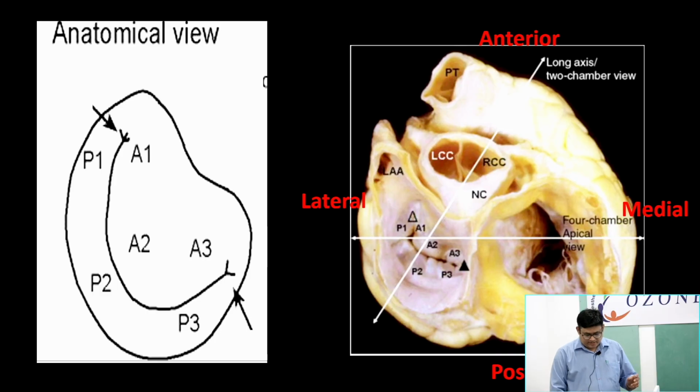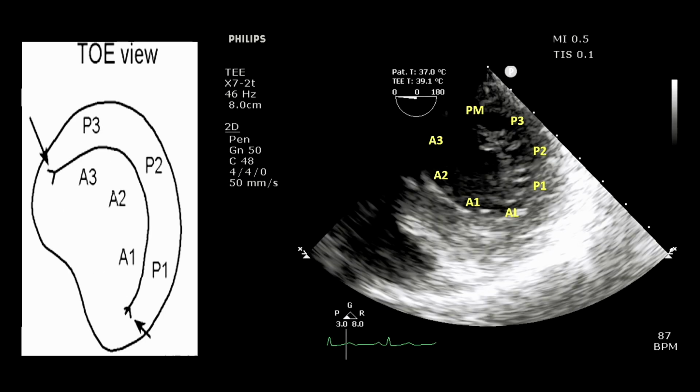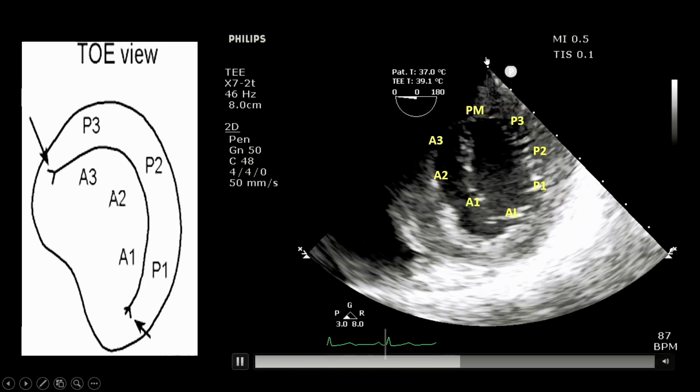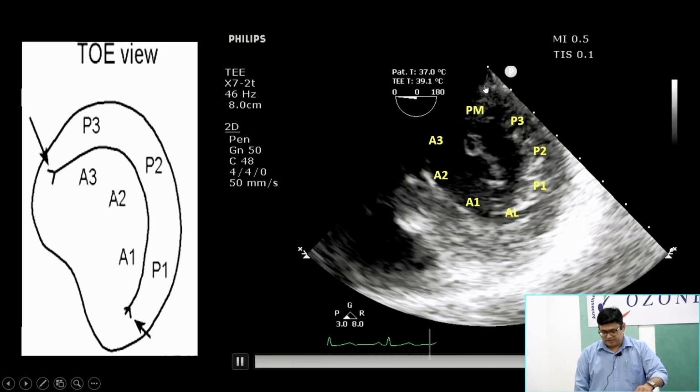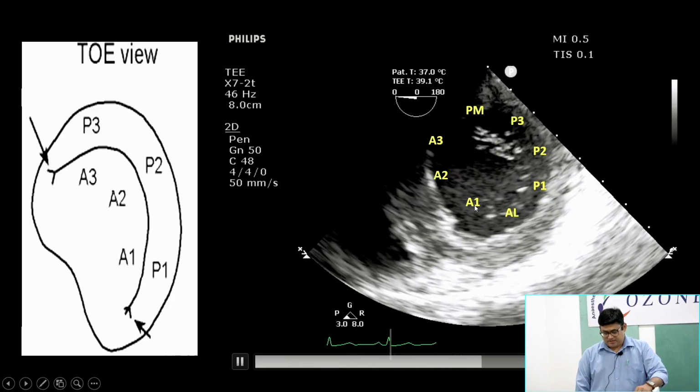So this is how the anatomical view is. This is the anterior, posterior, lateral and medial, and you see the LA appendage is lateral. This is the anterior mitral leaflet, the posterior mitral leaflet, and the aortic valve. So this is how it is anatomically situated. This is the TOE view, where the probe is here posteriorly. This is the posteromedial commissure, your anterolateral commissure.